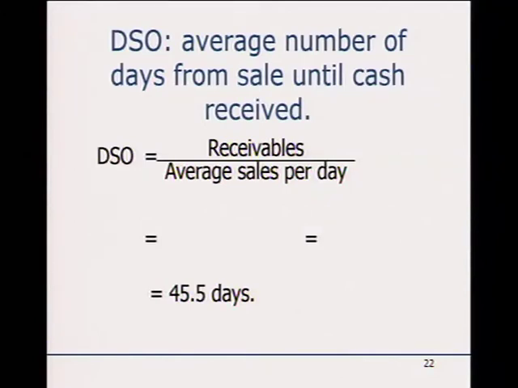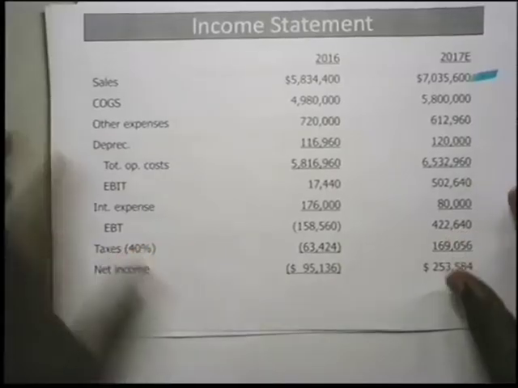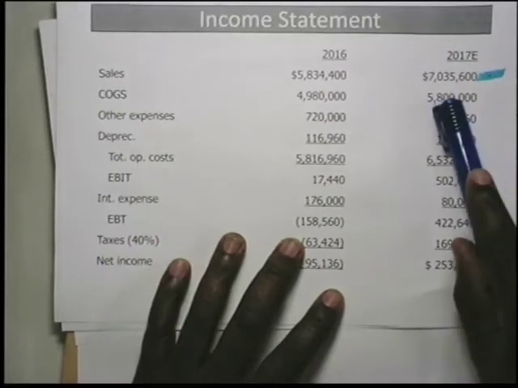Now, let's go back to our income statement. Where is our income statement? Okay, I see here the balance sheet. Okay, income statement, here you are. This is our income statement. We've got our sales here, 7,035,000.